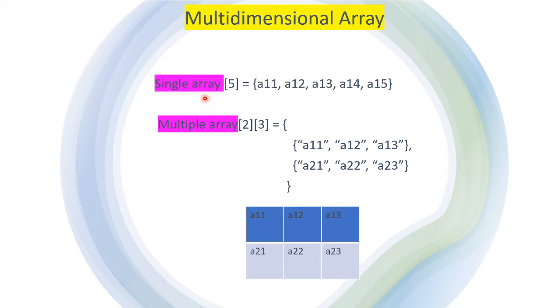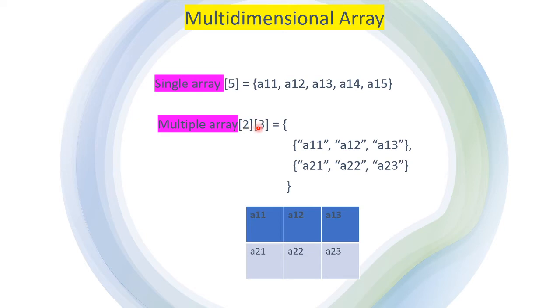Good. But now when we talk about multiple array, here we are now combining many rows with many columns. So if you can see in my example here, I have 2 rows combining with 3 columns.